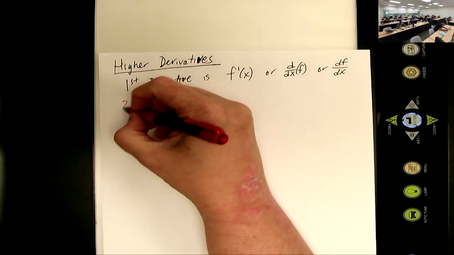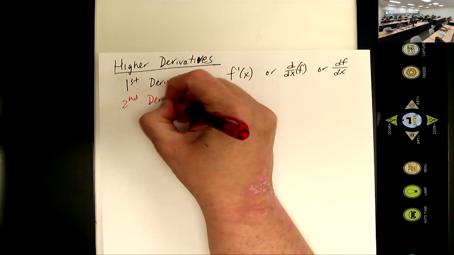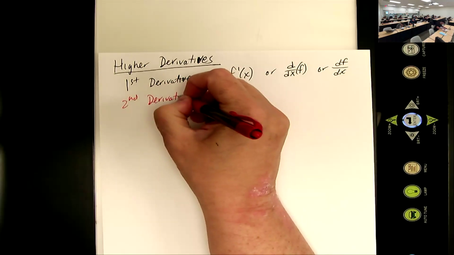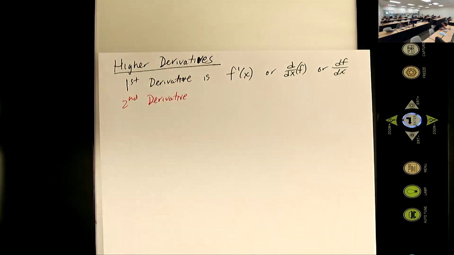The second derivative has a couple ways of showing it.